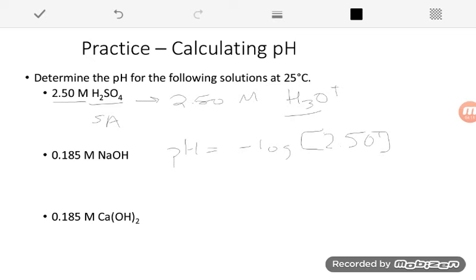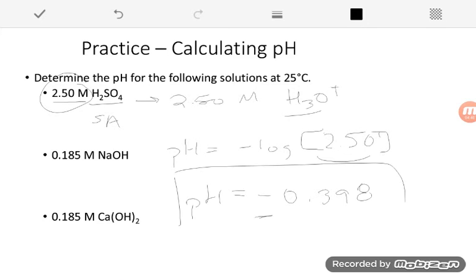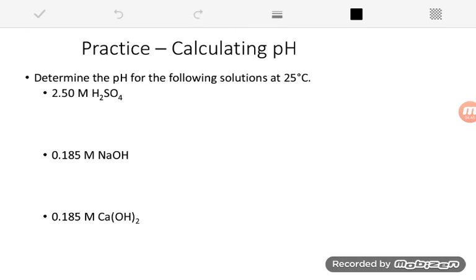And so we find that my pH is equal to negative 0.398. We have 3 sig figs here, so we need 3 decimal places. You can have a negative pH. If you have a really strong acid, it can be negative. It's not that common, but this is a pretty concentrated strong acid, so that must be fine. So I have the pH of my strong acid. Super simple.